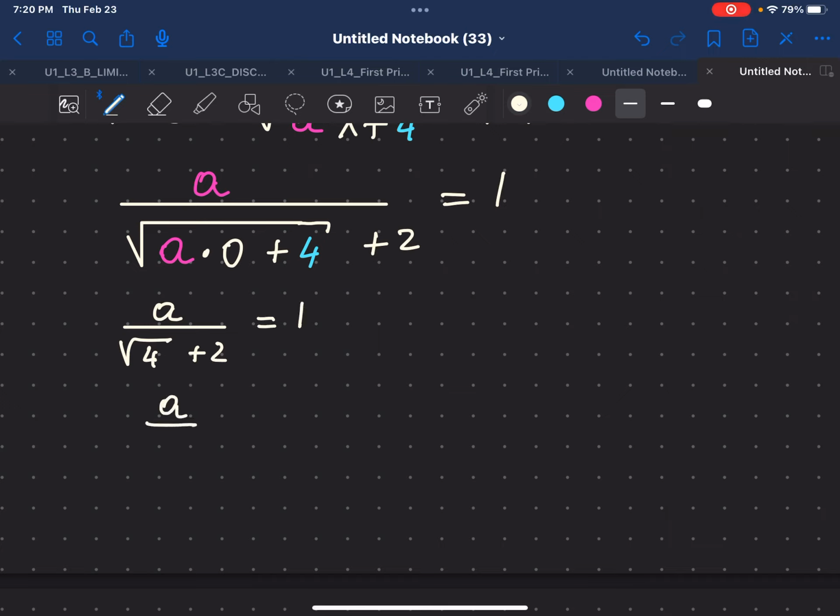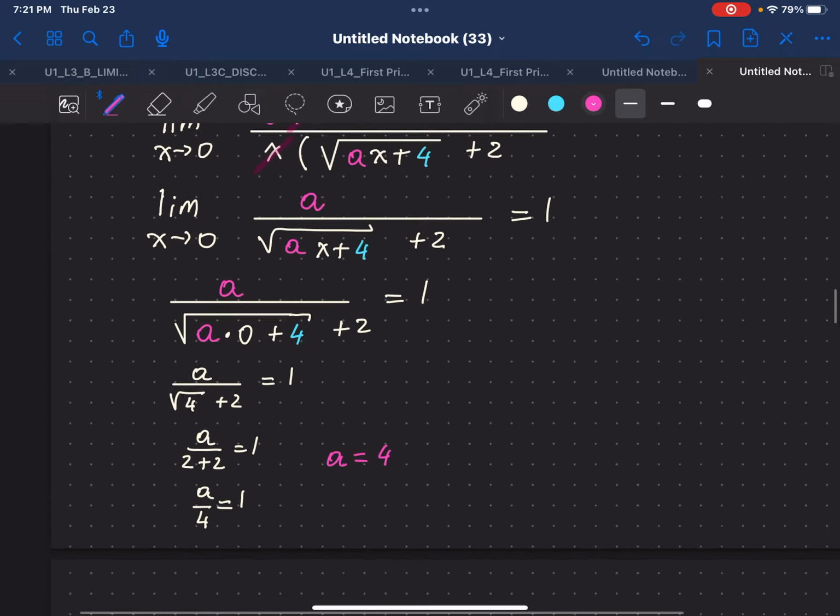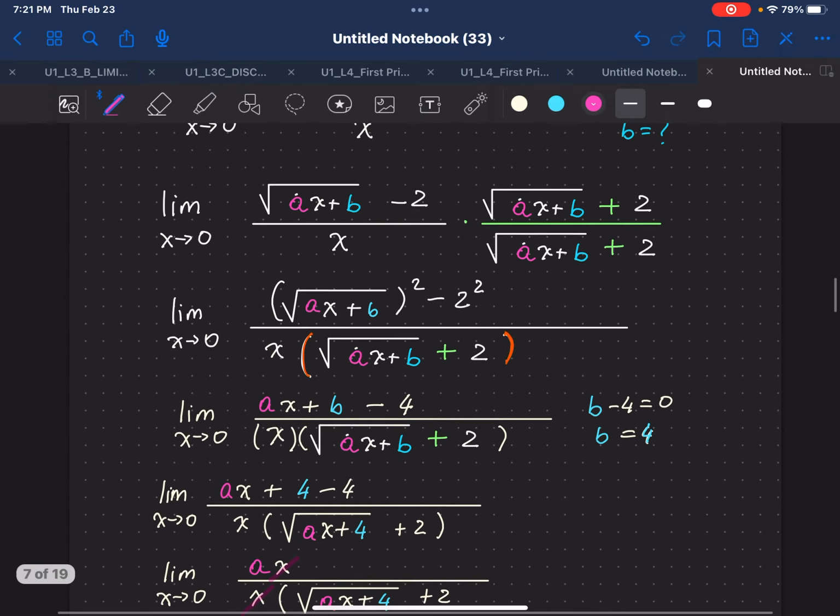So that means a over 2 plus 2 equals 1. So a over 4 equals 1. So therefore, we're going to say the value of a is also 4. So both the values of a and b had to be equal to 4 for this limit to have a value of 1.